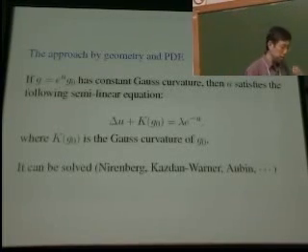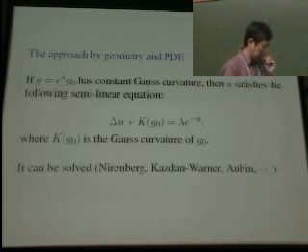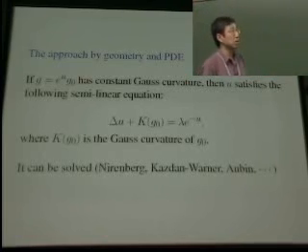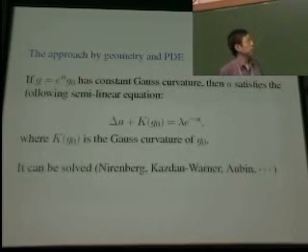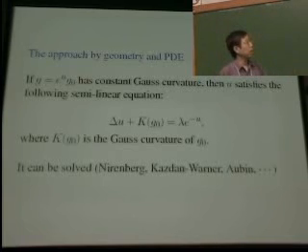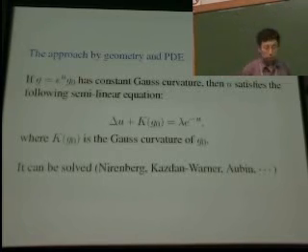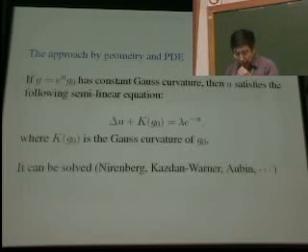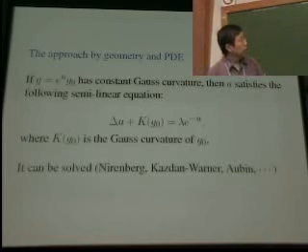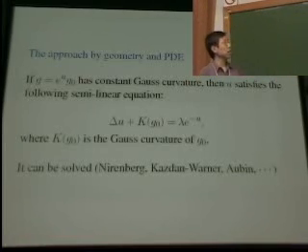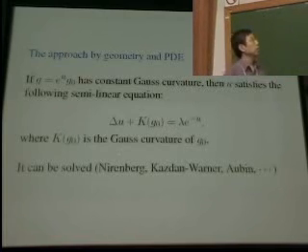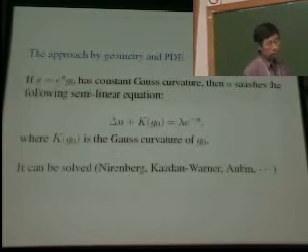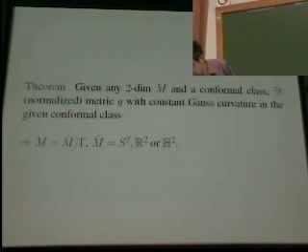This equation has been studied a lot in the last maybe 30, 40 years, by Nirenberg, Kazdan, Warner, Aubin, and so on. The upshot is that you can always solve this equation. This way you get the following theorem.